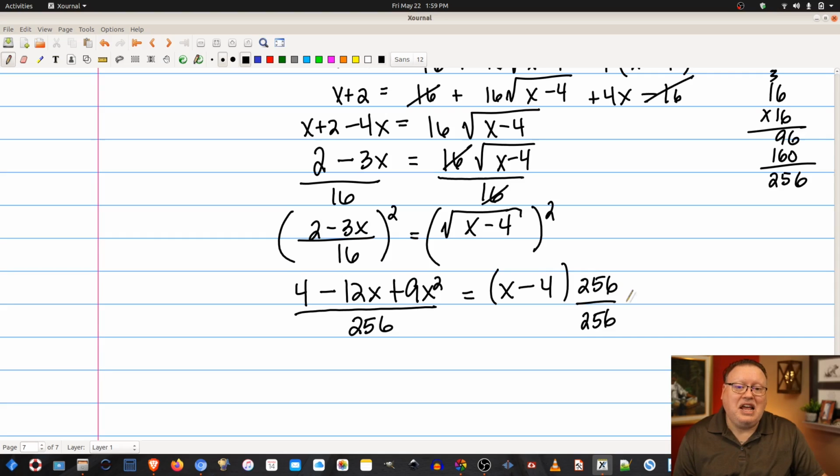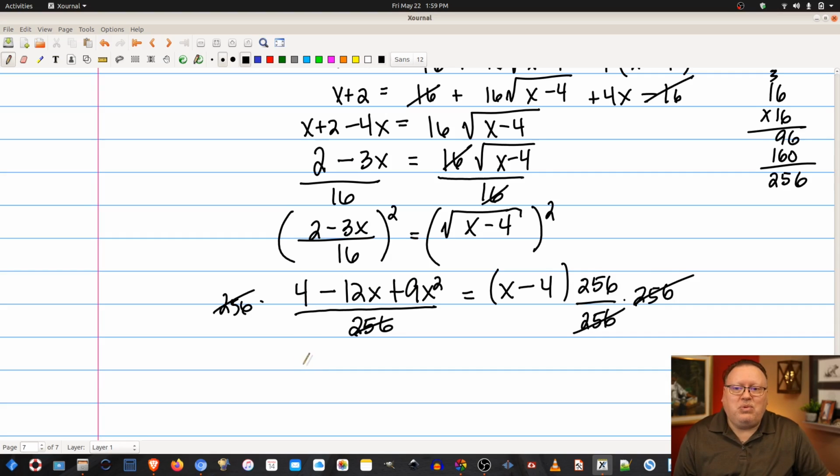But once I do this, I realize, hey, I can cancel out this 256. And I could have just looked at this as a cross multiplication. Okay, that would have got rid of my fraction. But right now I can, we'll just say multiply by 256 on both sides and cancel those, since I didn't see the cross multiplication right away. So again, nice recovery, right?